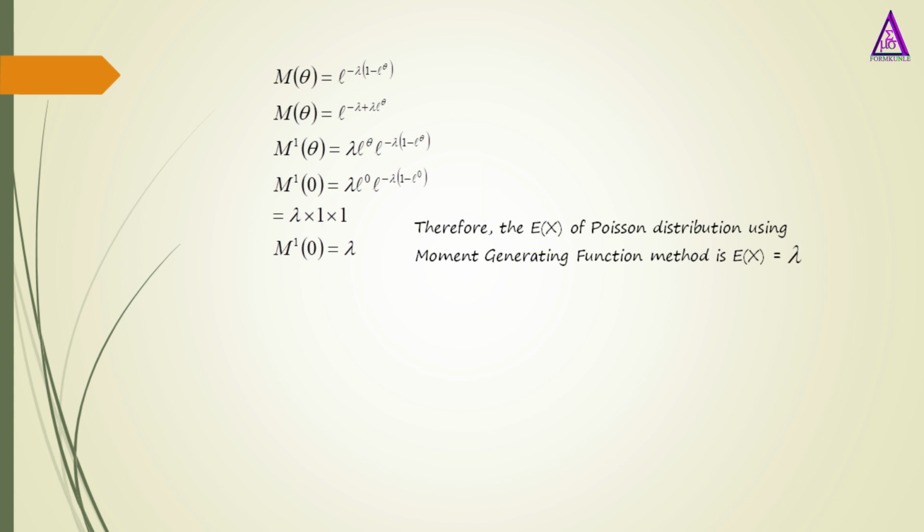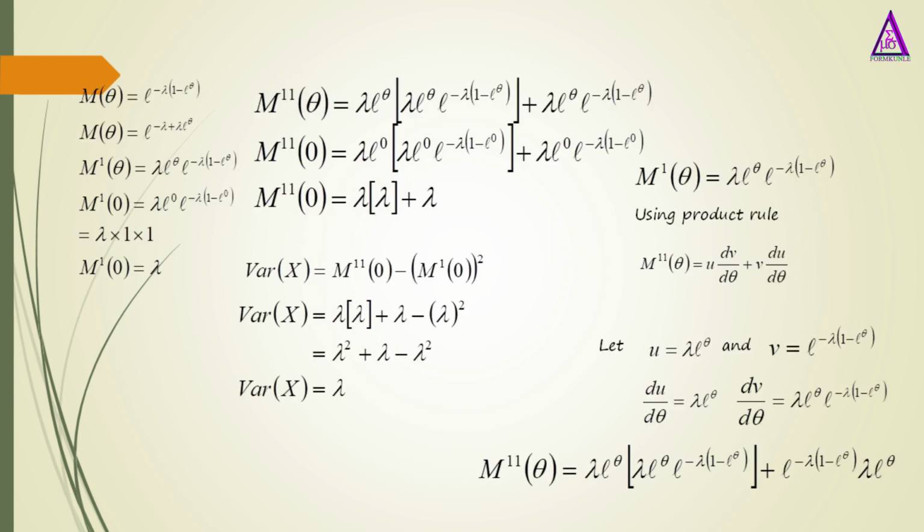And this gives us λ times 1 times 1, as we know that e^0 equals 1. So therefore, our expected value of the Poisson distribution using the moment generating function method is lambda.